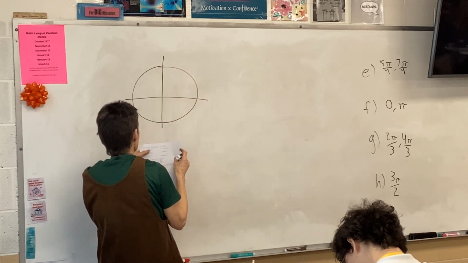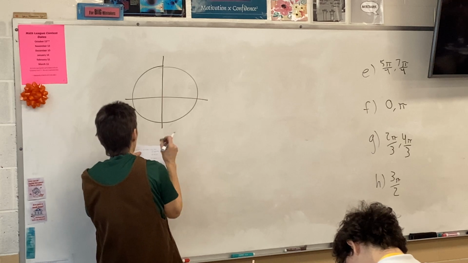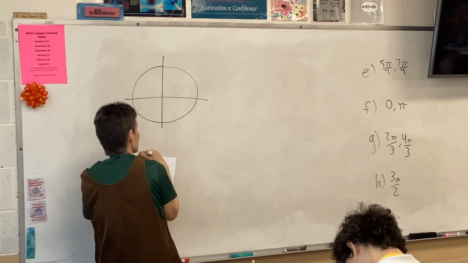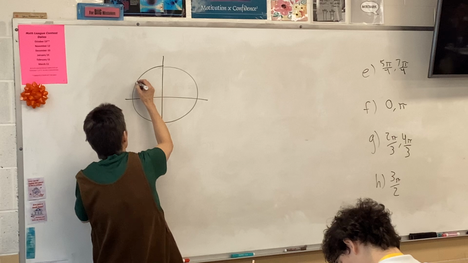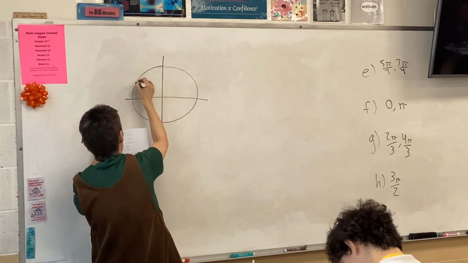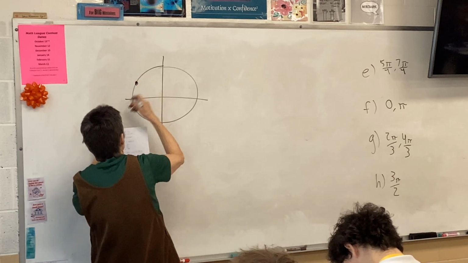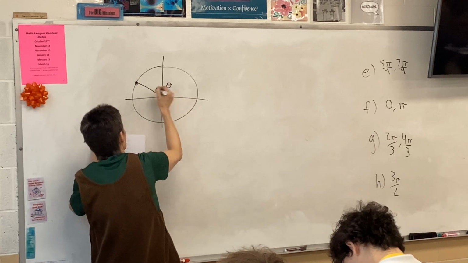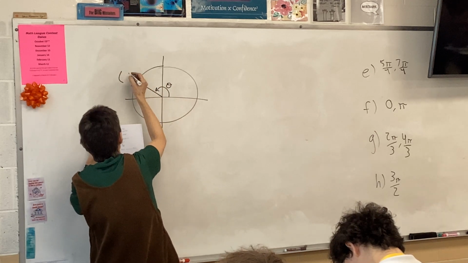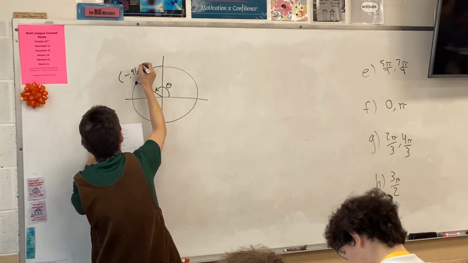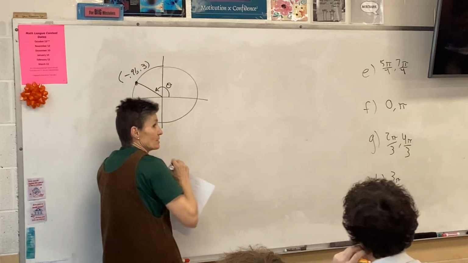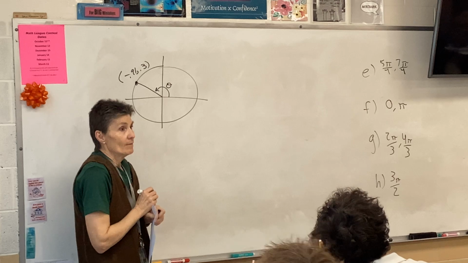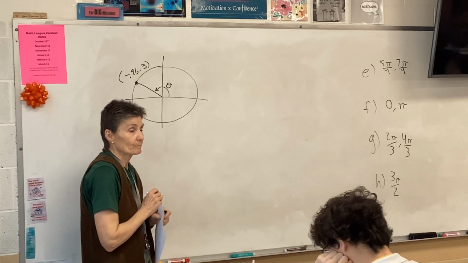We have a sine value that's positive and a cosine value that's negative. So would you agree that my point, my angle theta, is over here in quadrant 2? Does that make sense to you that I placed that angle in quadrant 2?